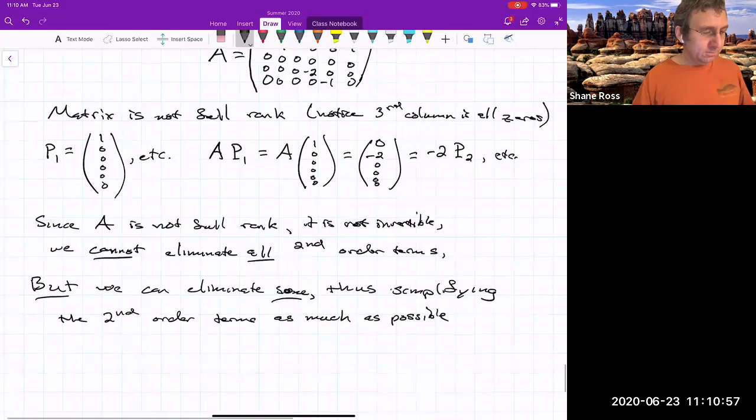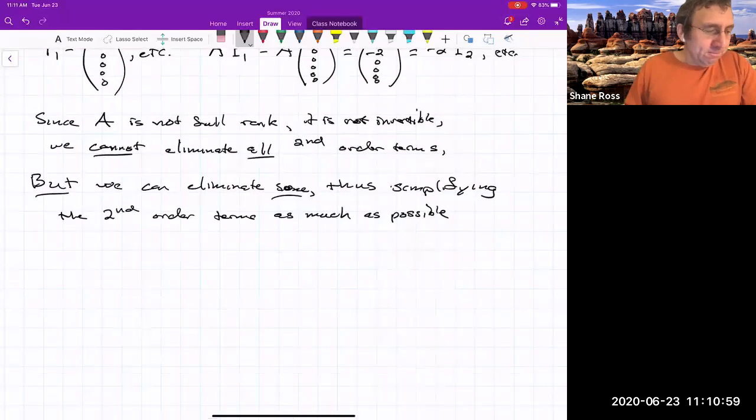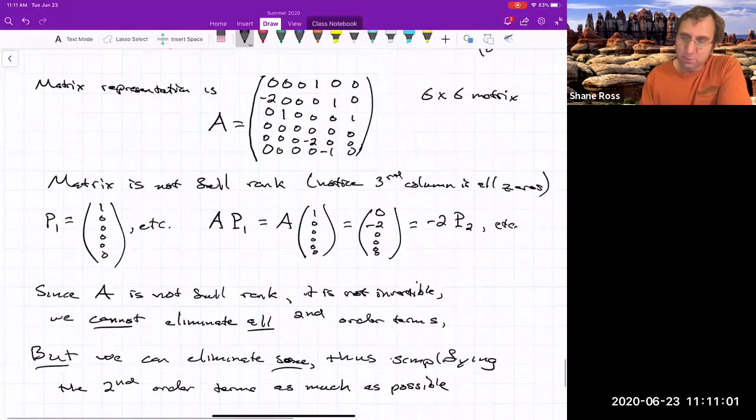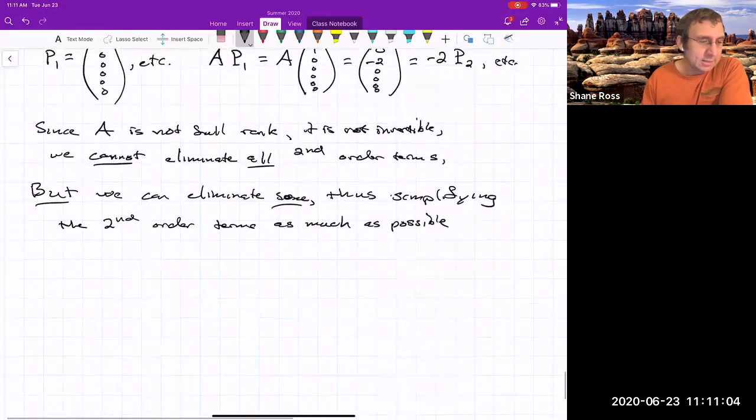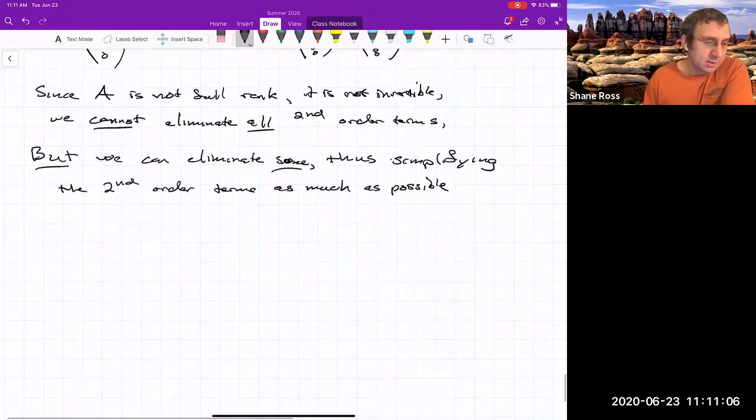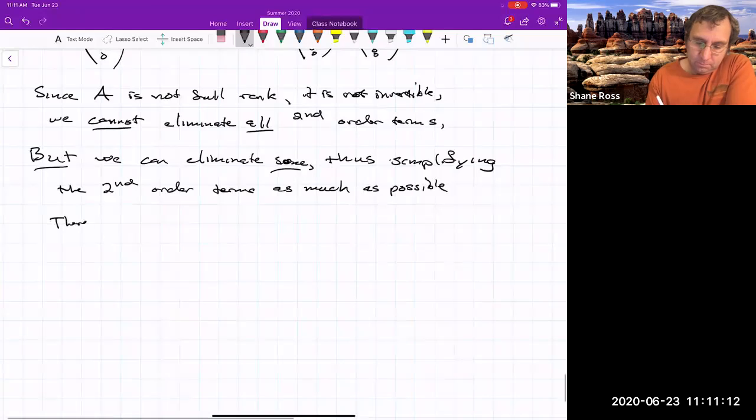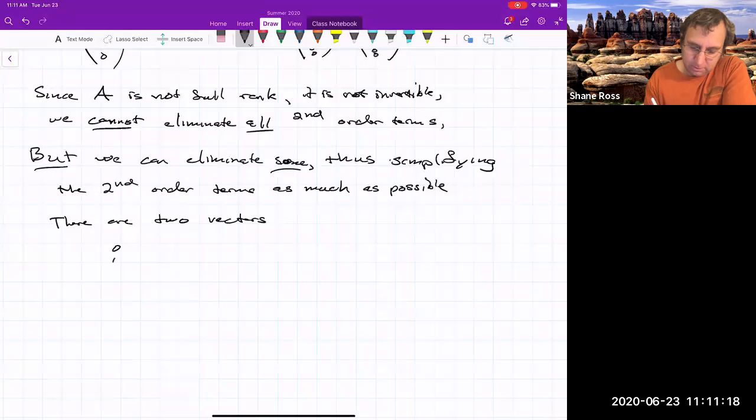So then what? I said A is not full rank. There are two vectors that are orthogonal to each column in A. So we have to get our linear algebra. 1, 0, 0. This one and this one.